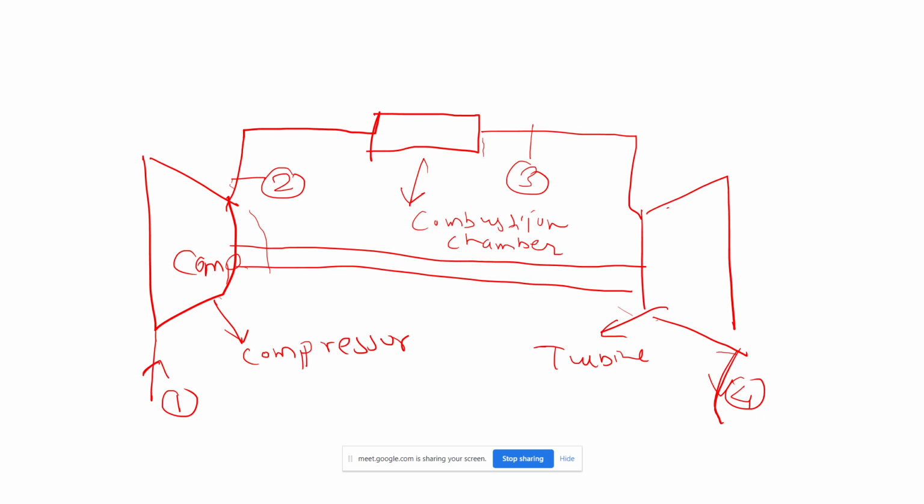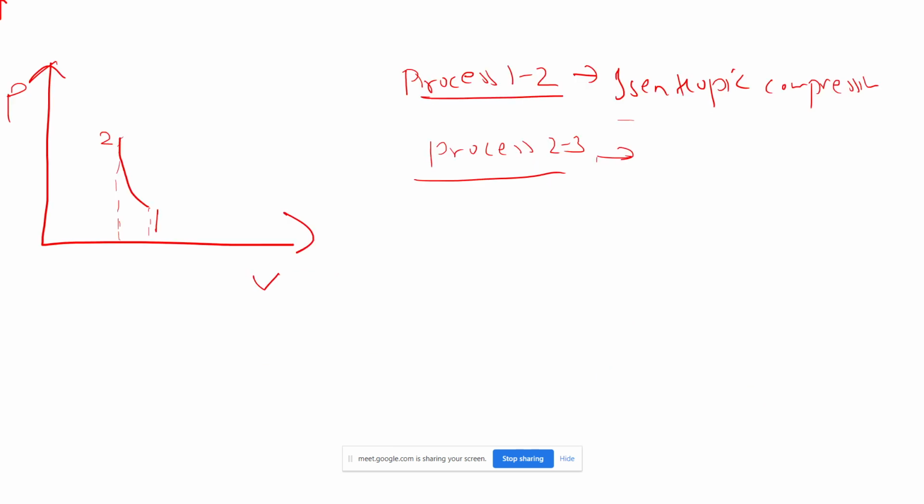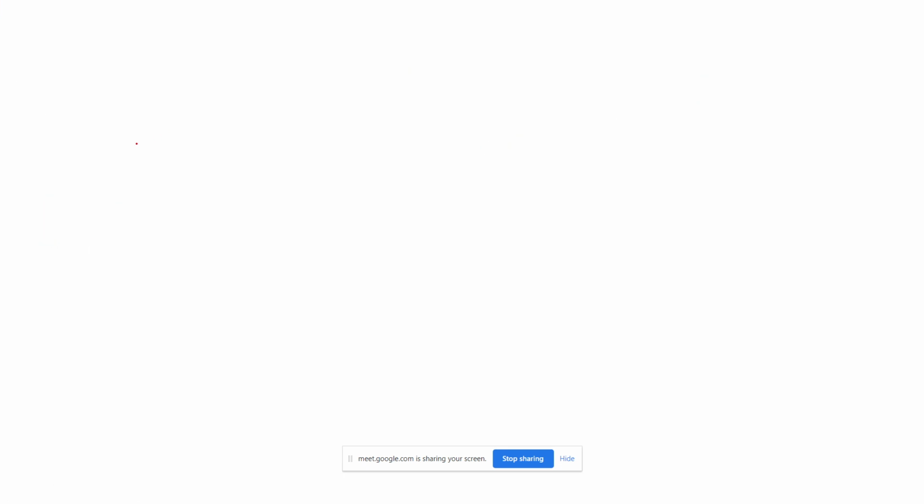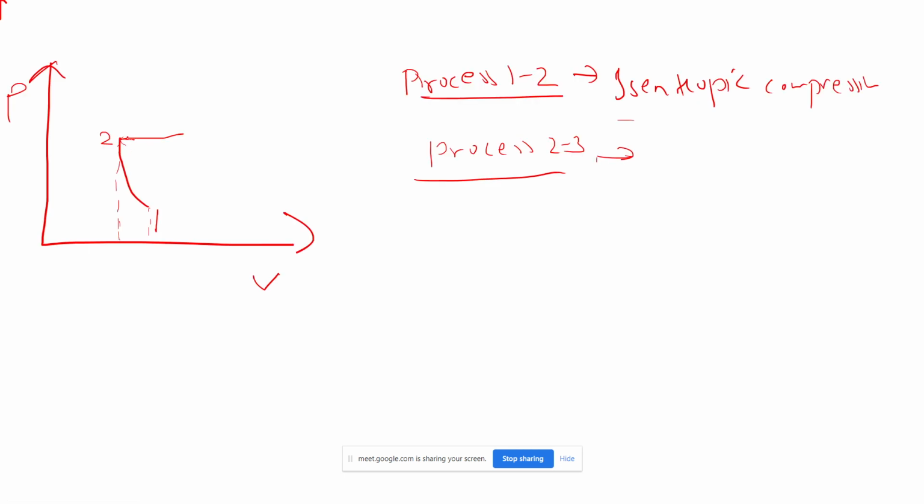We are supplying the heat at constant pressure, in this combustion chamber. Since the pressure is constant and we are supplying heat, temperature will increase. This is a straight line, actually. This is point 3, and volume will also increase.